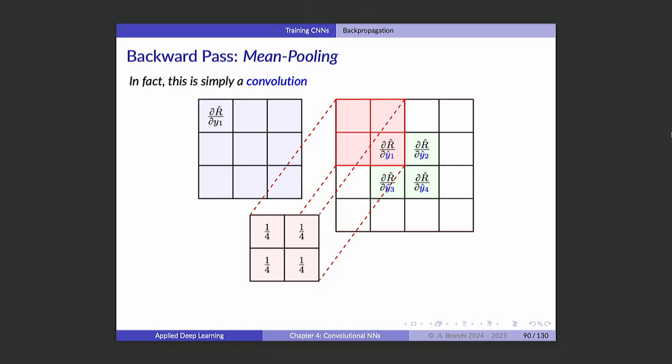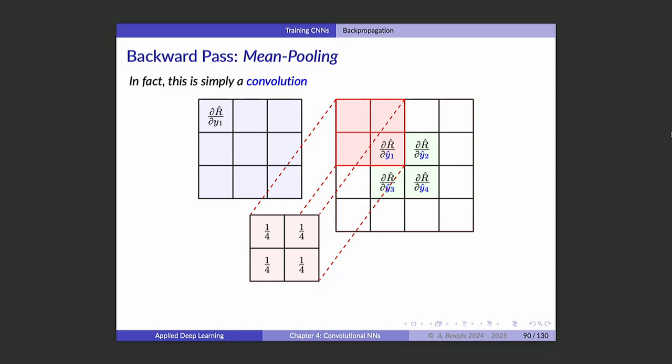So let's look at this. Let me do some zero padding here. I have my gradient here, and I do zero padding all around it. This is the output gradient. And I get this filter, which is 1/4, 1/4, 1/4, 1/4, right? Everybody there is 1/4. This is exactly the filter which I used when I was doing mean pooling, right?